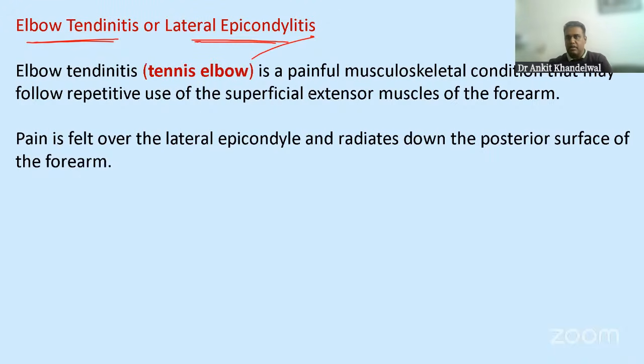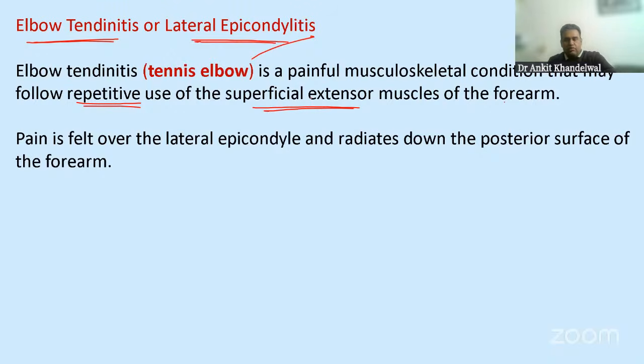It's a painful situation. When you have repetitive use of the extensor tendons, you have pain in the lateral epicondyle. Obviously, when you're holding the bat, and if you follow the cricketers, mainly the batsmen, they keep on practicing. Sachin was famous for using a heavy bat.